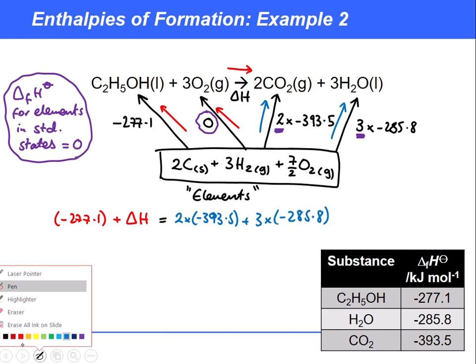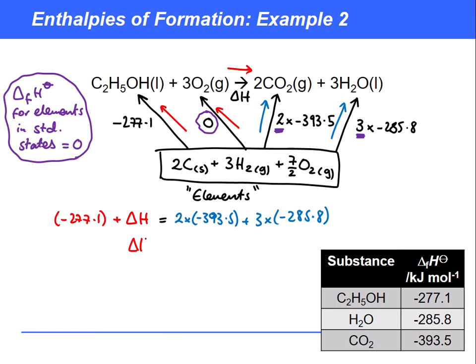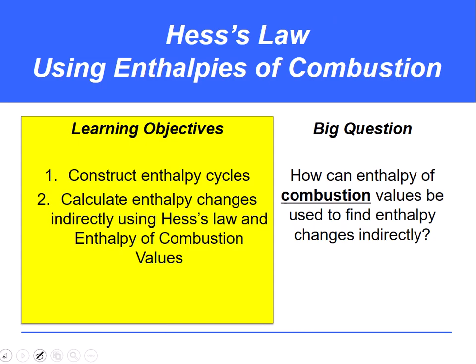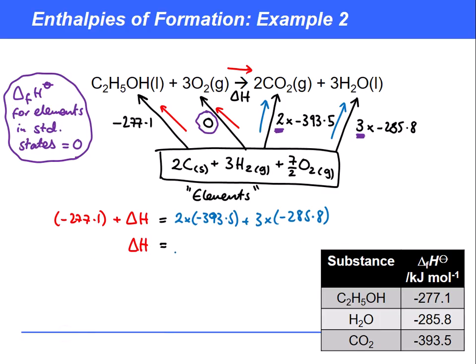And if we then rearrange this to solve for delta H, we can then find that on the right hand side we have minus 1644.4.